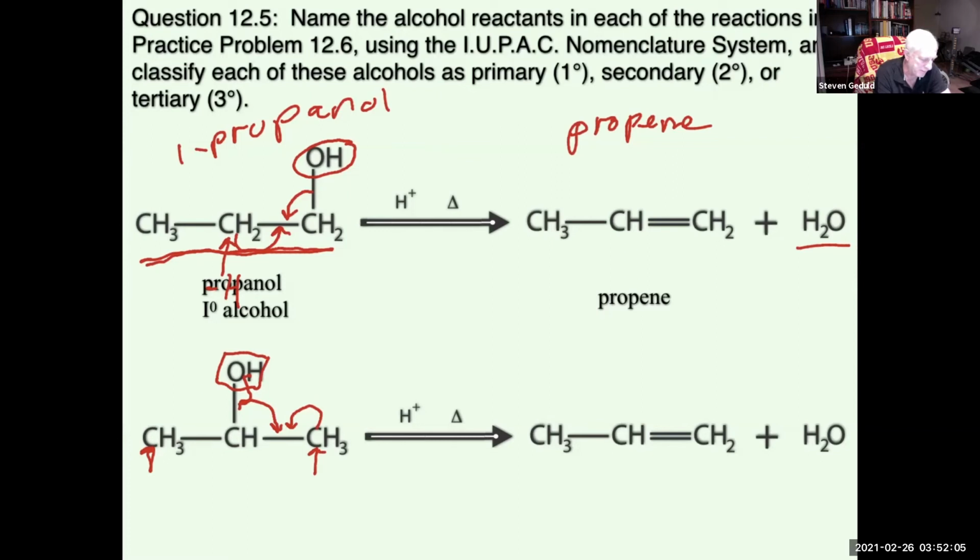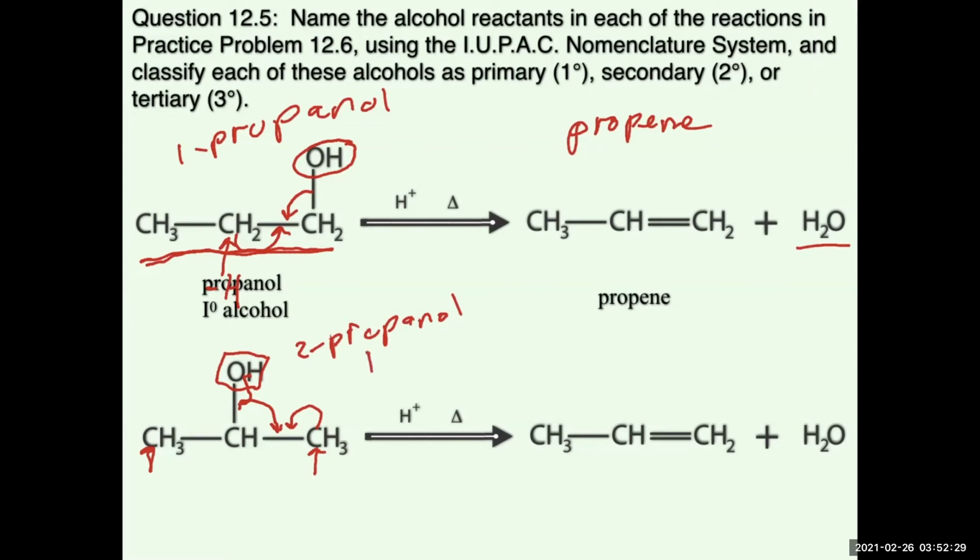Okay, so the name of the reactant: we have an OH group in the number 2 position, and there's 3 carbons, so it's 2-propanol. Is 2-propanol a primary, secondary, or tertiary alcohol?